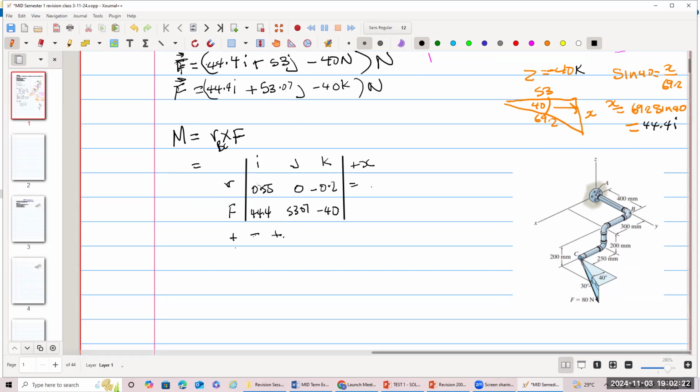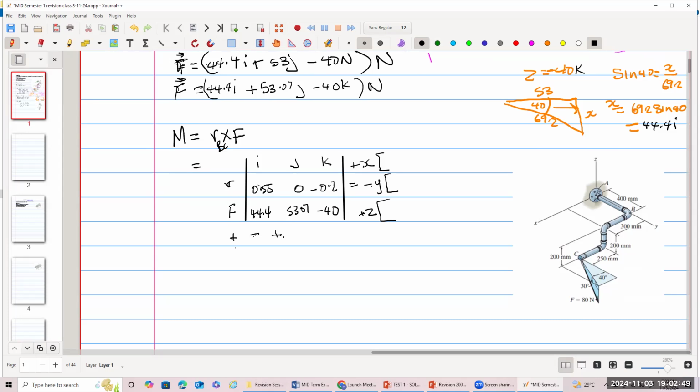X, we know, is plus. Y is minus, whatever you get. And for the Z, it is plus also. So for this now, you're getting a Cartesian of the moment. You're not getting a scalar value because it's not a triple product. Right? So let's write it.